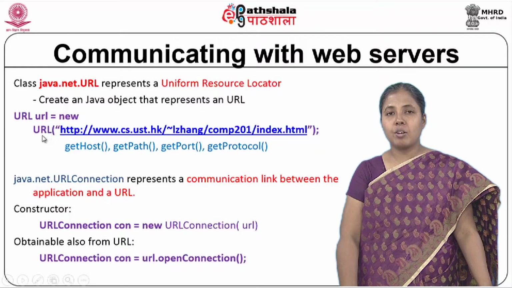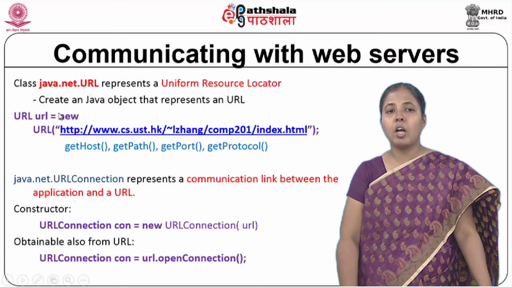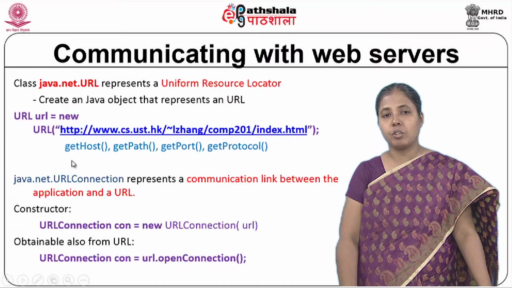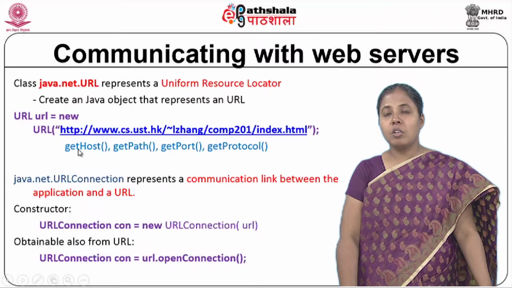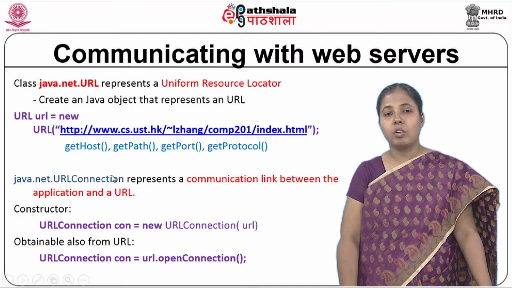We know that we use the constructor of the URL class to create an object of the URL class. You specify the specification of the URL, and you get a URL object. Some of the methods that you will use with the URL objects are getHost, getProtocol, getPath, getPort, and getRef.